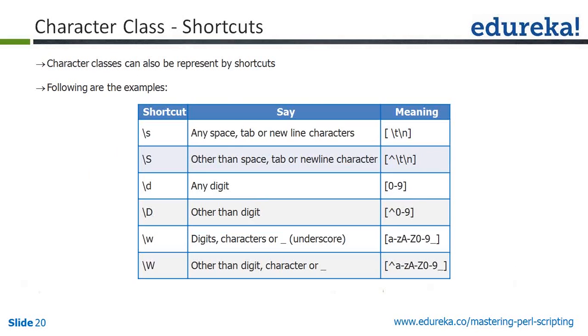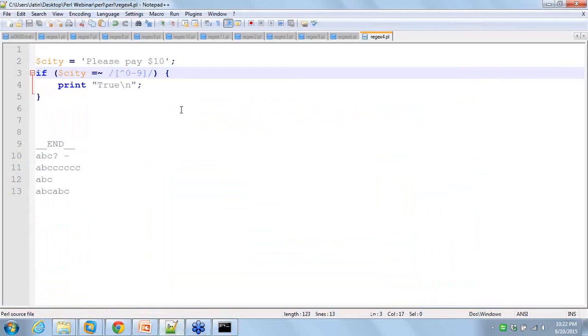These are the meanings. Backslash s says any number of spaces, tab or new line character. The opposite of that is capital S. Similarly, backslash d is any digit 0 to 9, and the opposite of that is capital D. We say any word character, that is a letter, digit or underscore, is represented by backslash w, and the opposite of that is backslash capital W. Like for example here, if I put backslash w plus, what does it mean?